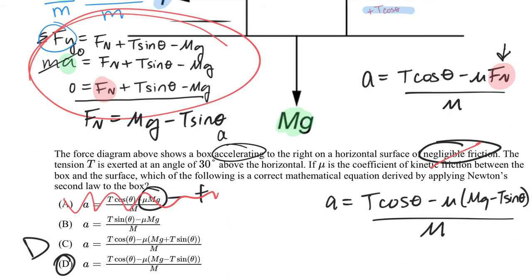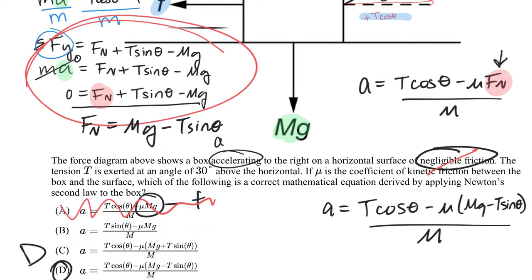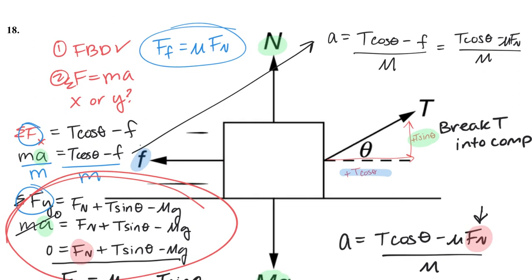So I know that was a lot. Let me just recap what I did. In the beginning, I found my trigonometric functions with tension and broke it into its components. I'm already given a free body diagram. And then for my free body diagram, I found the sum of all forces in the x and y direction.